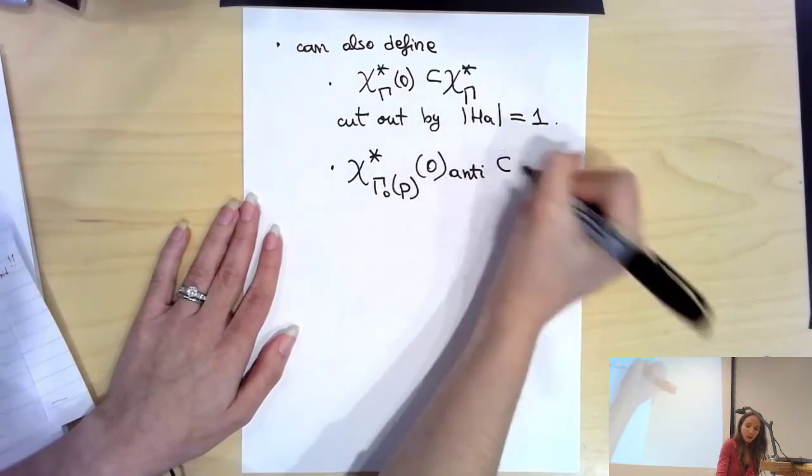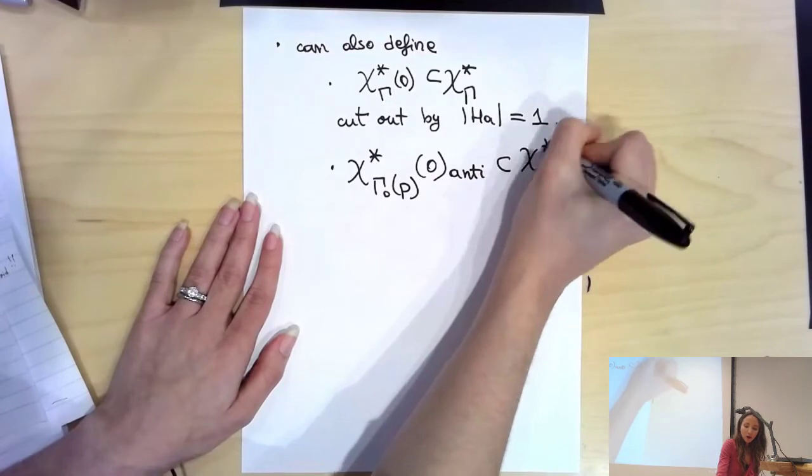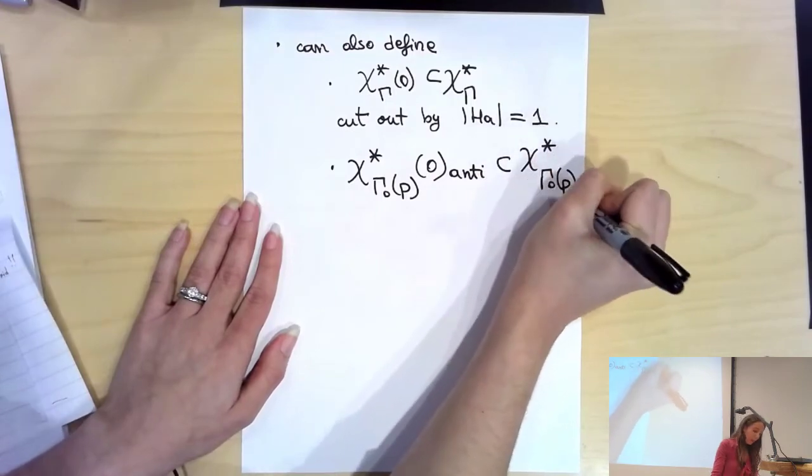So this is going to be contained in X star gamma naught p.